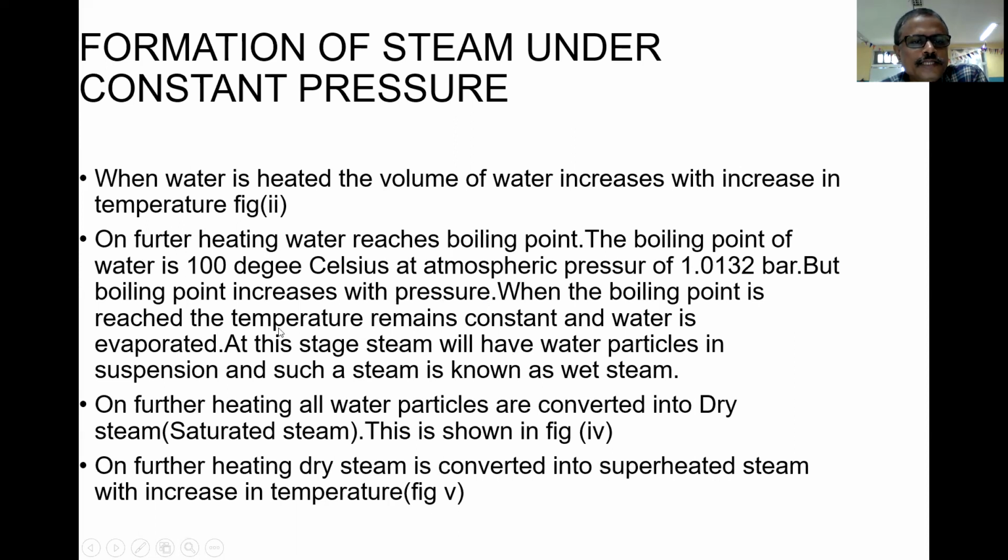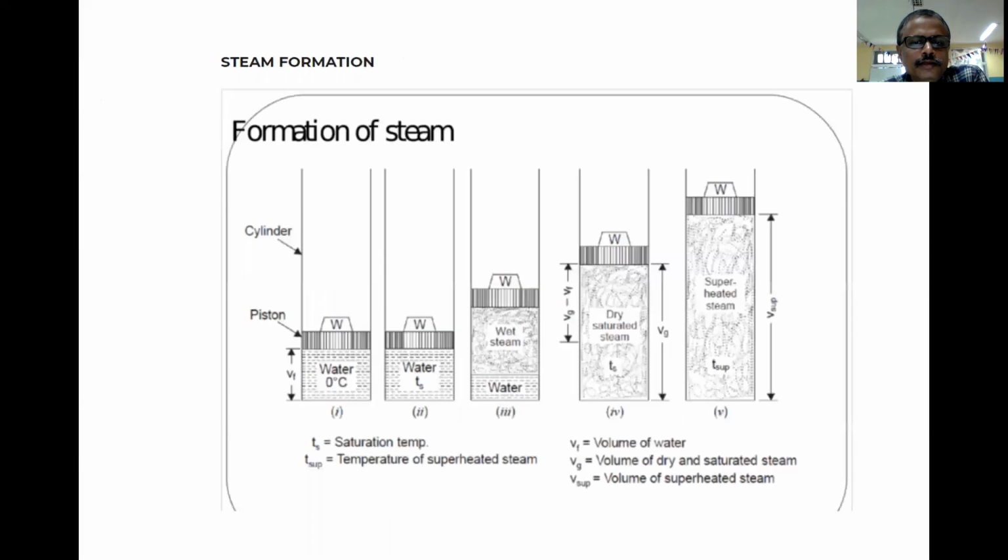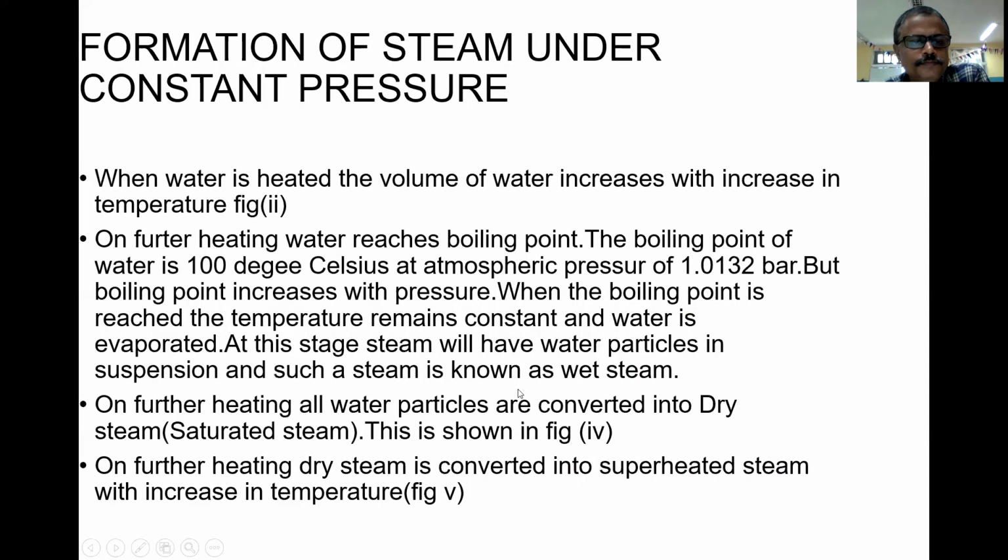When the boiling point is reached, the temperature remains constant and water is evaporated. At this stage, steam will have water particles in suspension, and such a steam is known as wet steam. That is shown in figure 3 here.